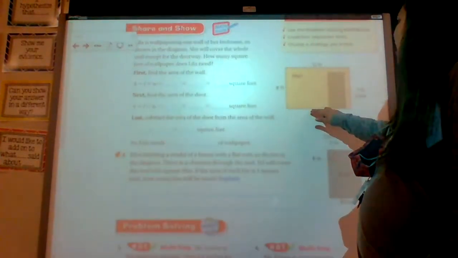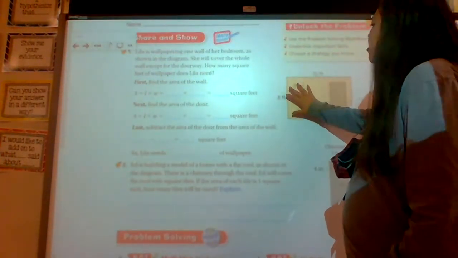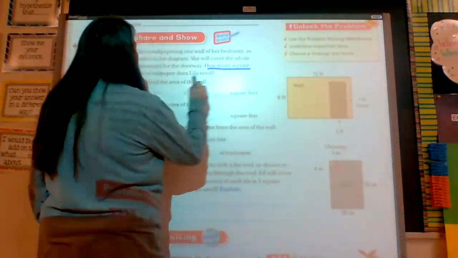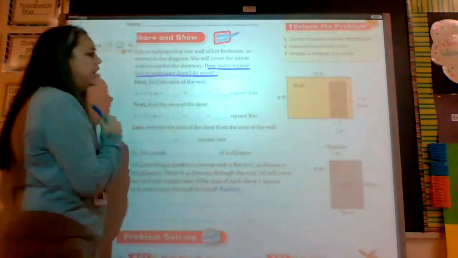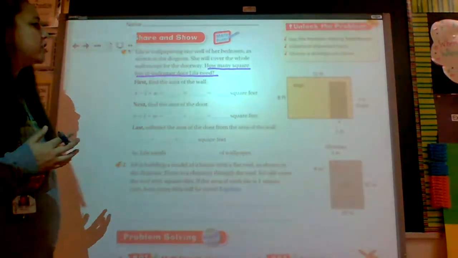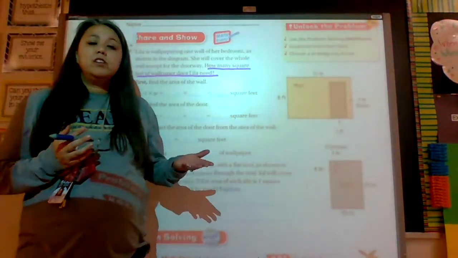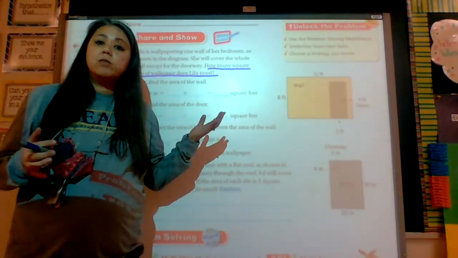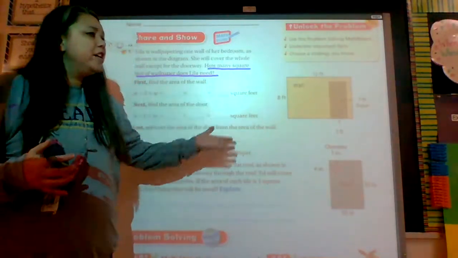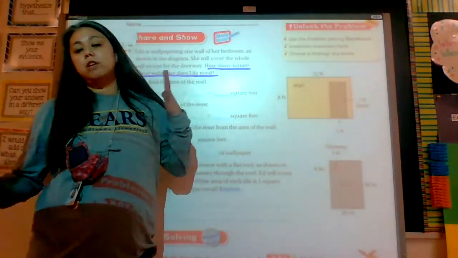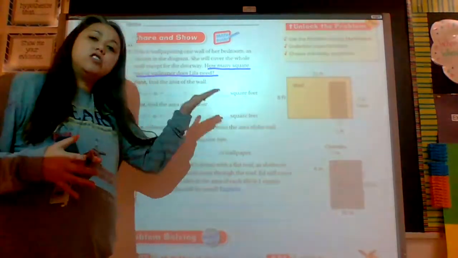So we're going to look at how much she needs. The question is how many square feet of wallpaper does Lila need? Okay. And I love this question because a lot of the time when you get a new home or you want to paint your bedroom, you need to tell your mom how many square feet you need to cover, and that can tell you how many gallons or quarts or whatever you need to buy, how much you need to use to cover.